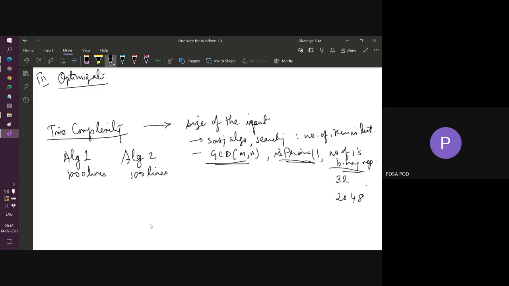This 2048 is definitely going to take more time. So the size of the input here is the value of the number that you're inputting. The number of iterations required to find a solution will depend on the value of the input.